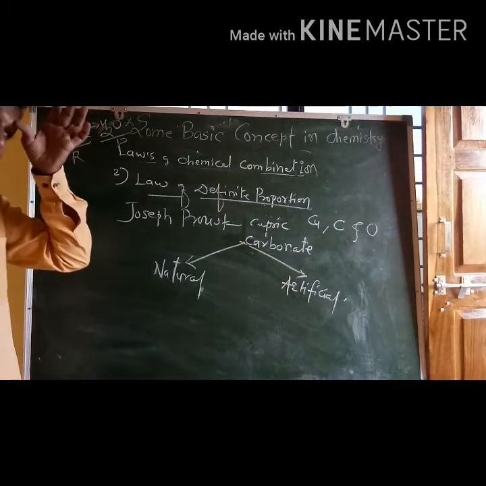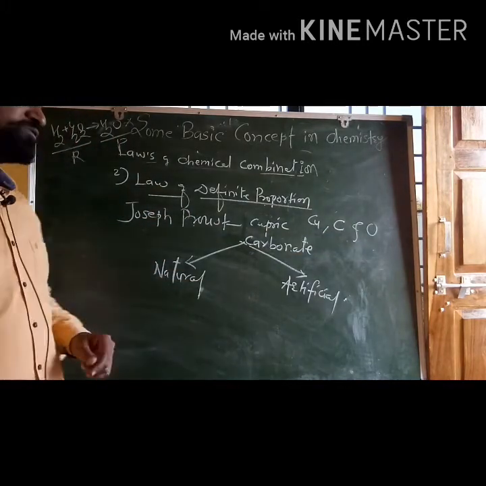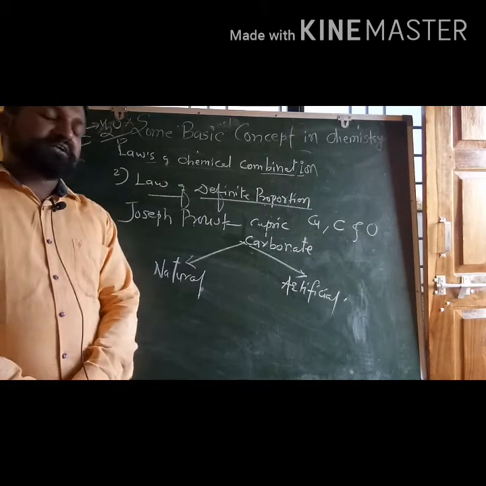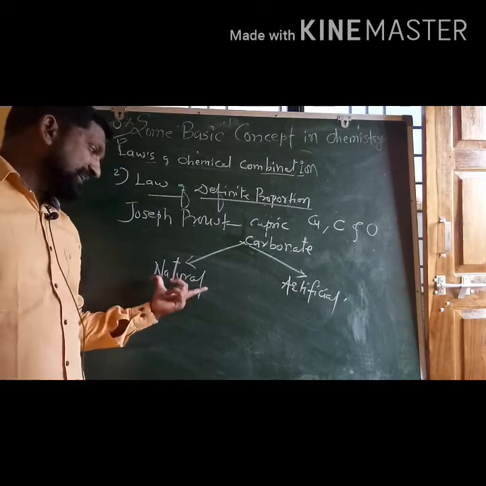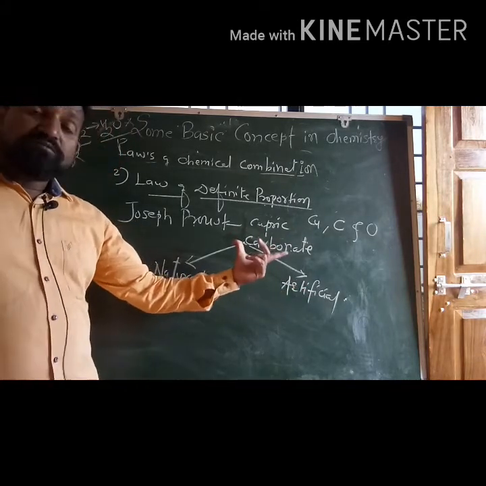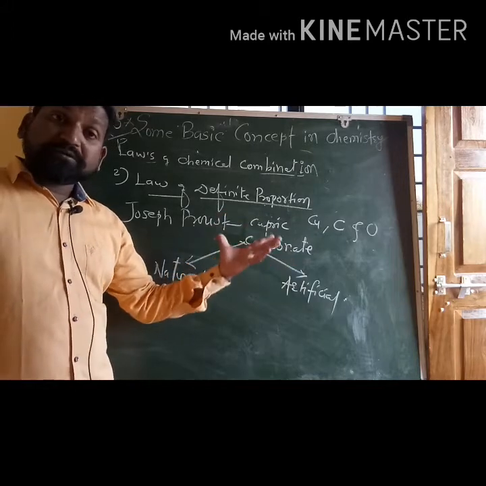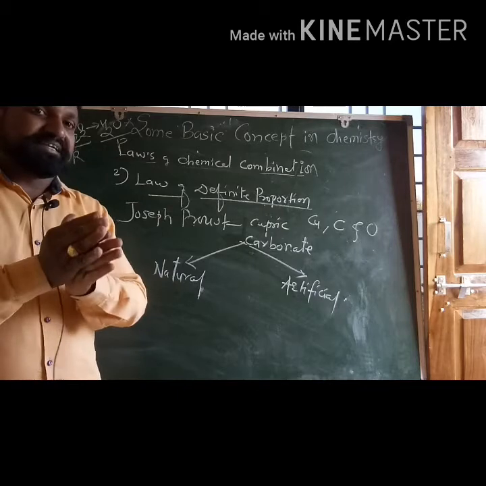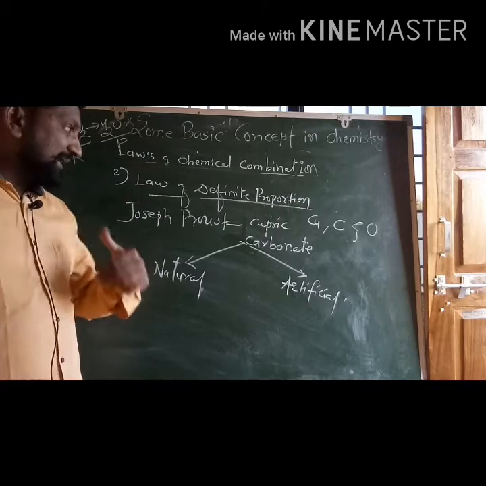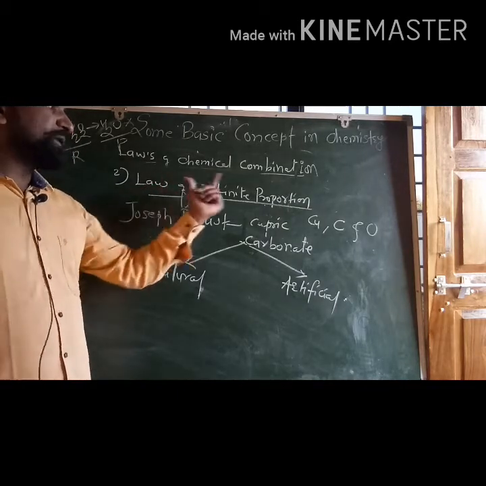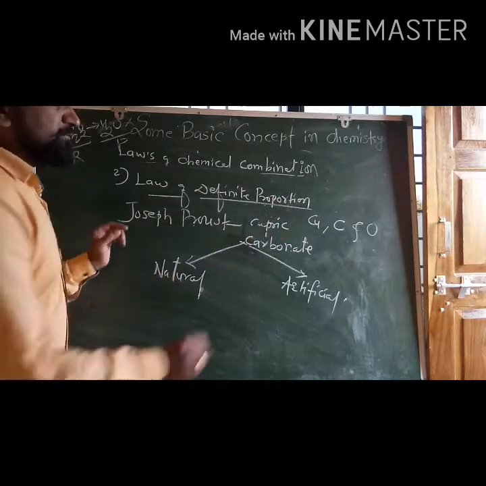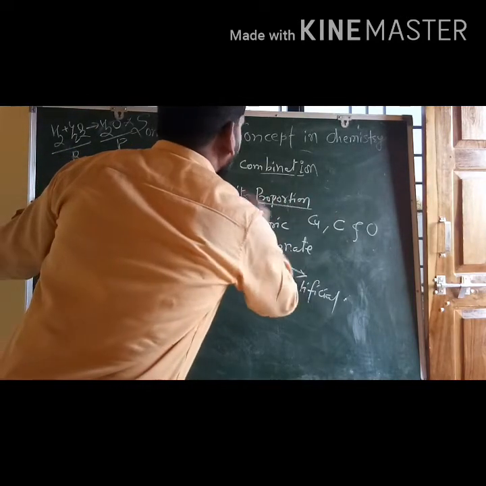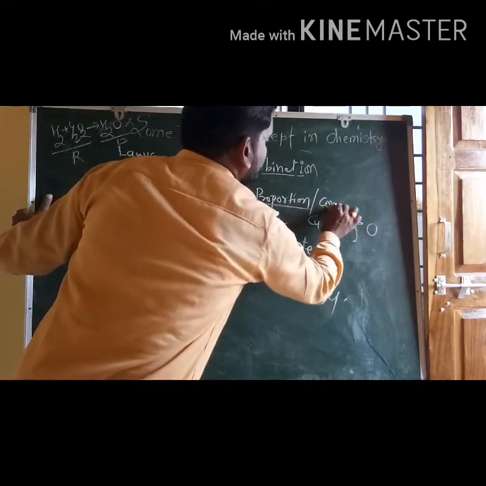And after verification, he came to the conclusion that whatever may be the source, whether it is natural or artificial, whatever may be the source of a particular compound, the composition of the particular element remains the same. That's why it is called the law of definite proportion. Sometimes it can also be called the law of definite composition.